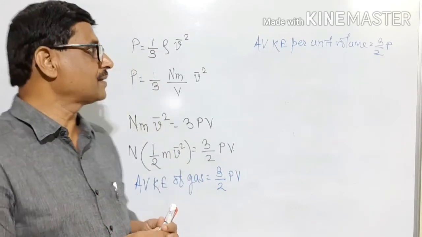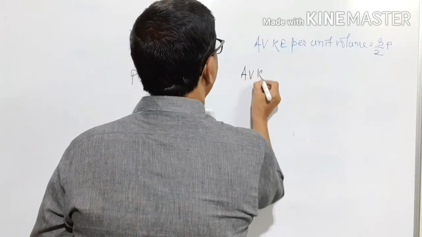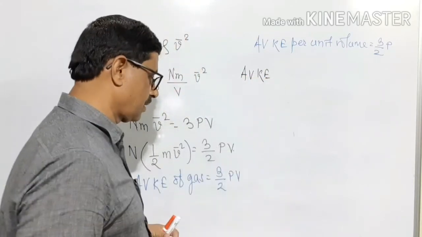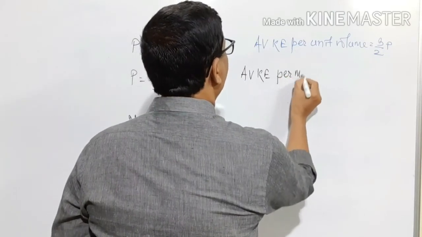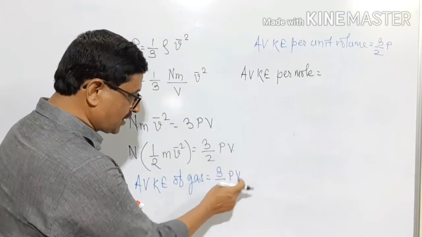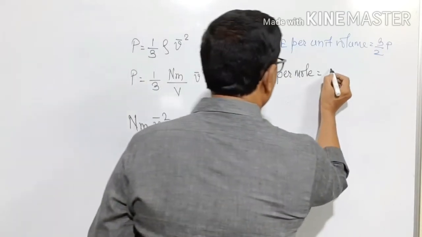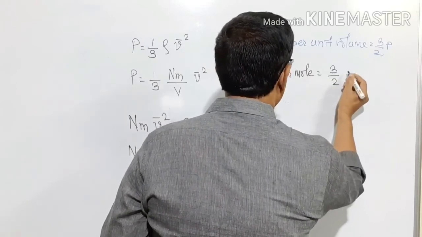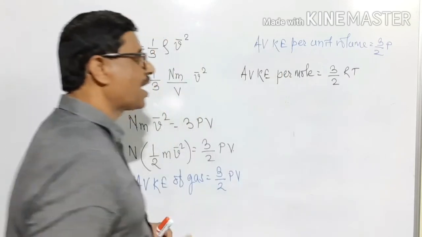In that case, the average kinetic energy per mole of gas, for 1 mole of a gas, what is this PV equal to? PV is equal to RT. Therefore, you will have the average kinetic energy per mole of a gas is equal to 3 by 2 RT.